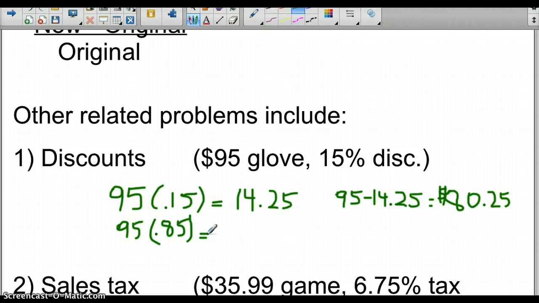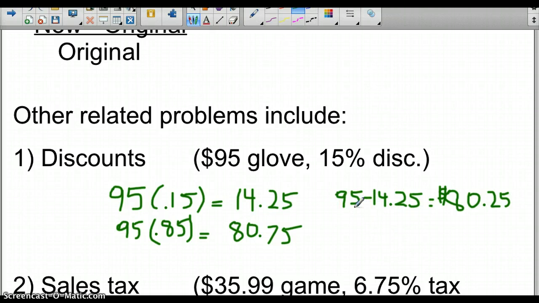And I think you already know what it's going to equal, but 95 times 0.85 equals $80.75. So now let's look at this. They should be exactly the same, but yet they're not. And I can see what happened here.